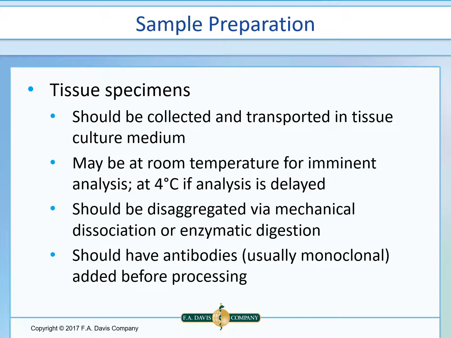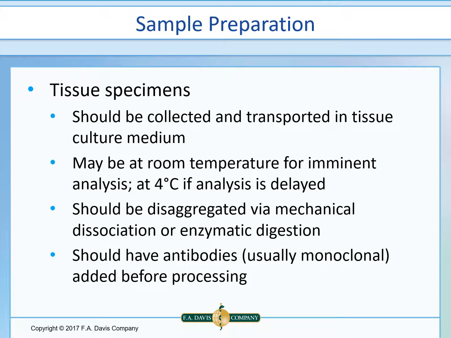Tissue specimens collected for analysis need to be transported in tissue culture medium at either room temperature or at 4 degrees Celsius if analysis is delayed. The specimen is then disaggregated to form a single cell suspension, and this can be done by either mechanical dissociation or enzymatic digestion.